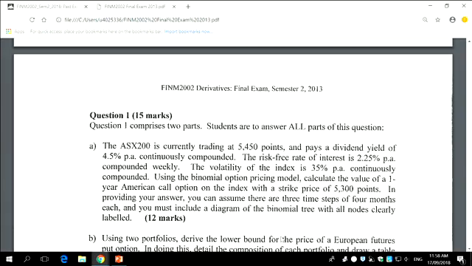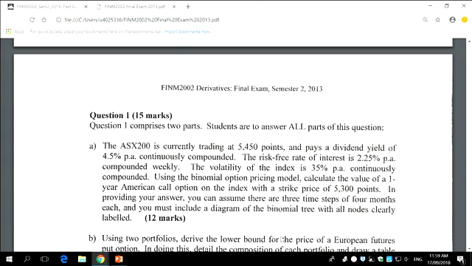This one I wouldn't say is straightforward. This is a little bit more difficult. The ASX is currently trading at 5,450 points, pays a dividend yield of 4.5% per annum continuously compounded. That's fine. Risk-free rate is 2.25% per annum compounded weekly, so it's got to be converted to continuously compounded.